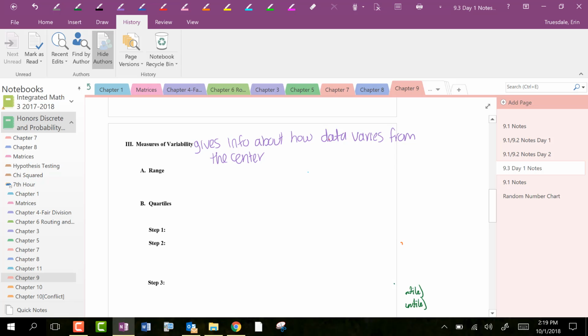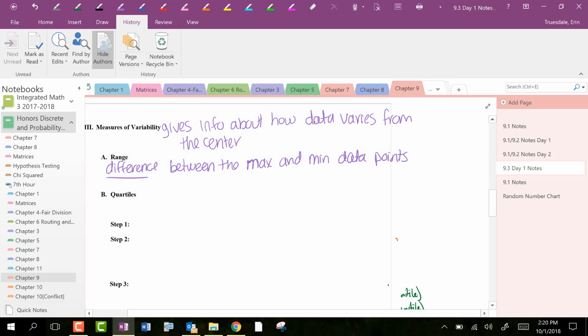Okay, so range is the difference between the max and min data points. Let me give you a quick example, because I think people get these confused sometimes.